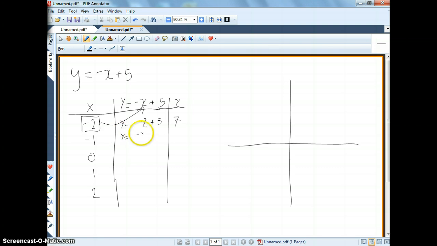Next line, y is equal to minus minus 1, plus 5, answer. Y is equal to minus 0 plus 5, answer. Y is equal to minus 1 plus 5. 4? People agree? And the last one, minus 2 plus 5 is... You agree, Christy? Oh, good.